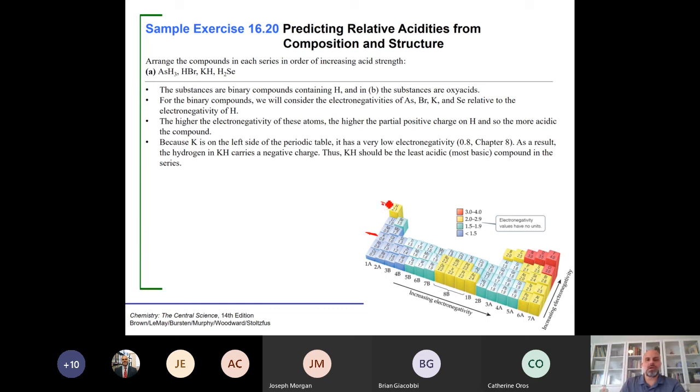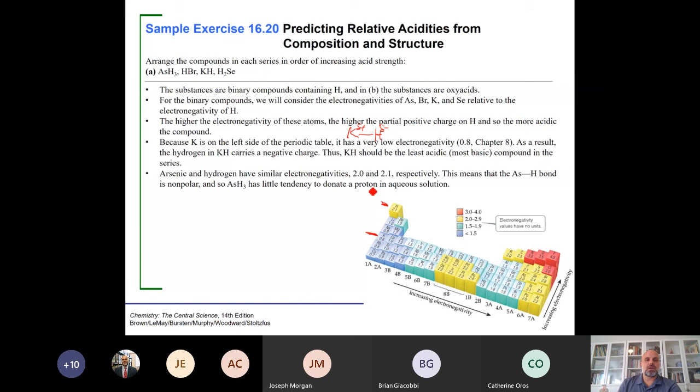So we actually have a K-H bond with a partial positive charge on the potassium atom, not on the side of the hydrogen. So this is actually an H- equivalent. So it's going to be the least acidic of all of these substances, actually ending up being the most basic.